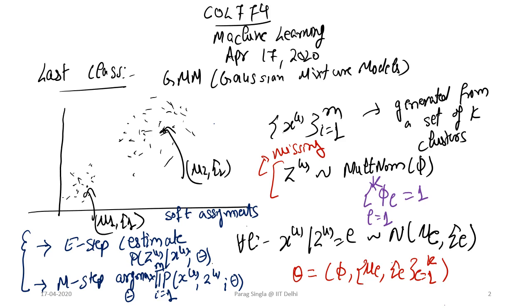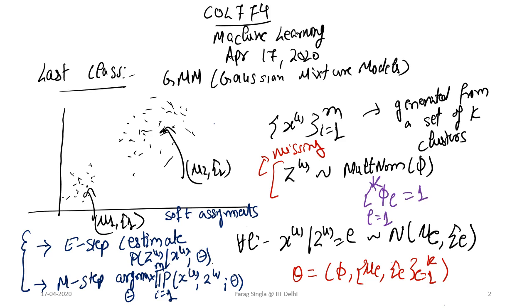And one final remark before we go to the next slide I want to make here is that both this E step and M step are tractable, right? So if we know the parameters, then we know how to estimate p of zi given xi parameterized by theta. That is almost like prediction in the case of GDA, right? And we looked at the expression for that in the last class.